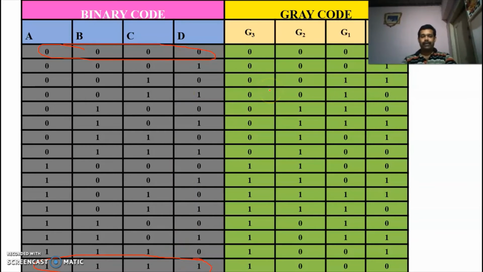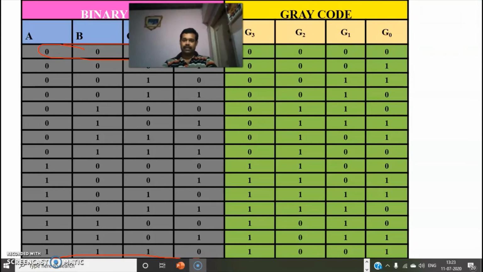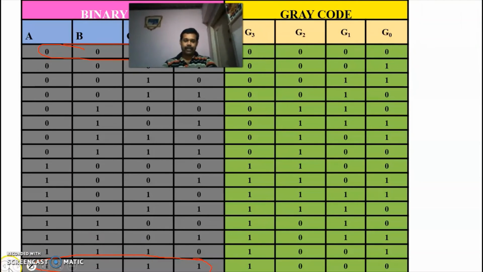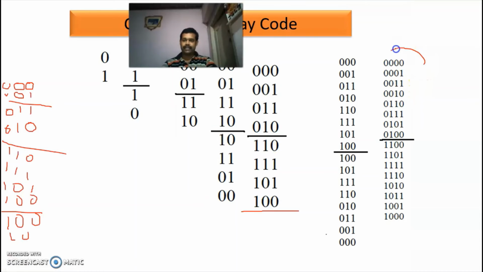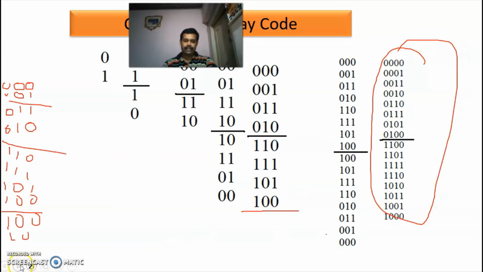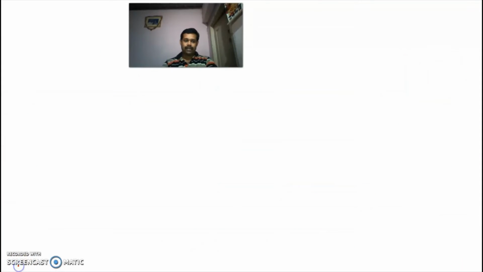Then I have told you how to write the gray code, so you copy that gray code here. In the previous slide, I have told you how to write the gray code. This gray code you write in the columns of gray code.